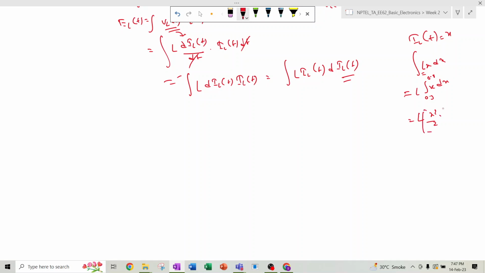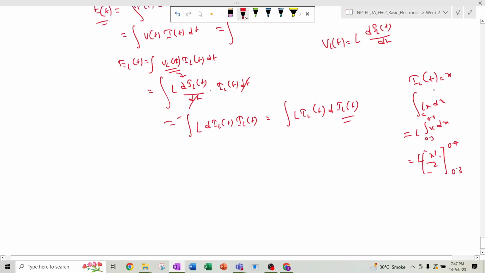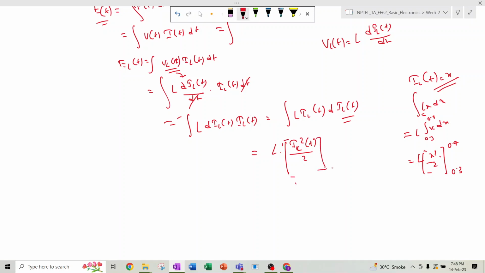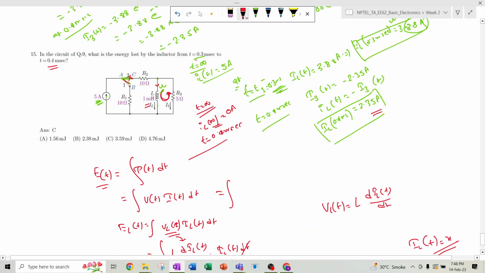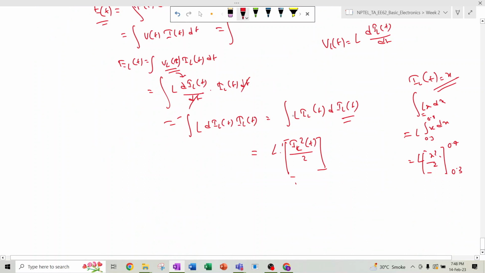Substituting IL(t) for x, L comes out, so it is IL square divided by 2, evaluated from 0.3 millisecond to 0.4 millisecond.